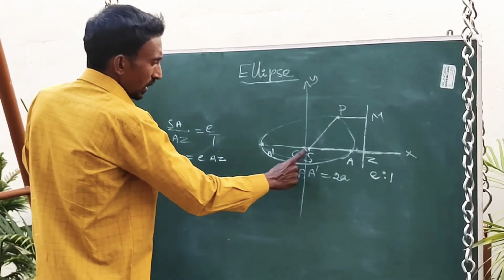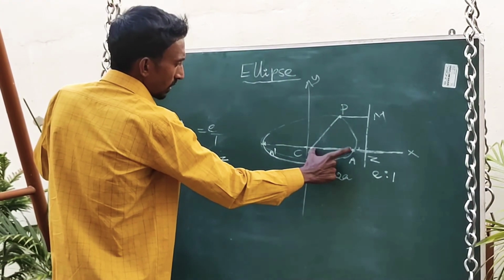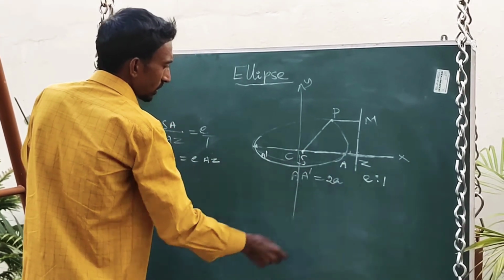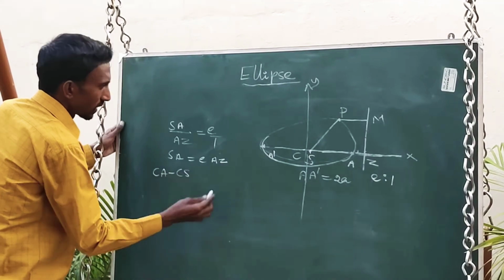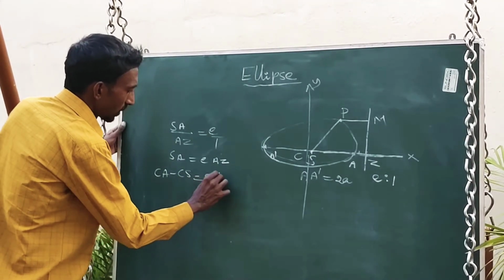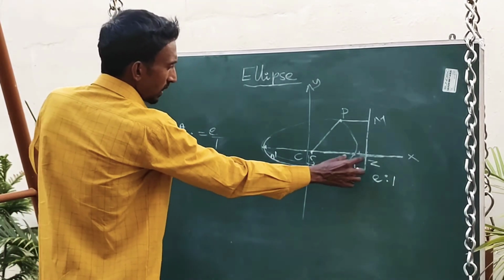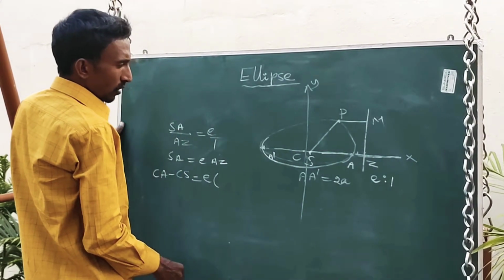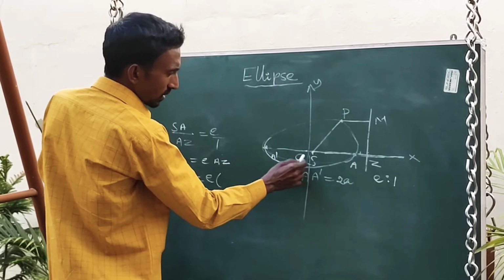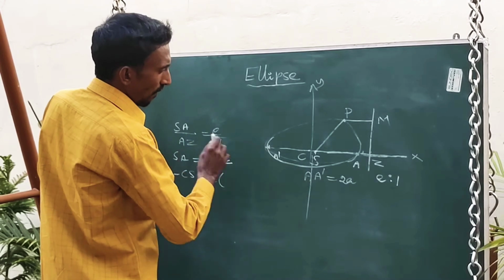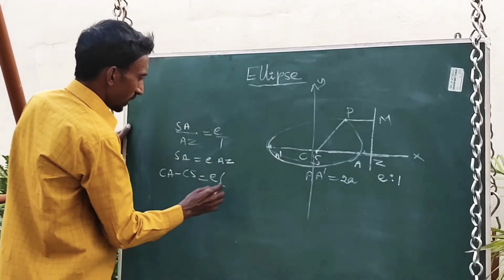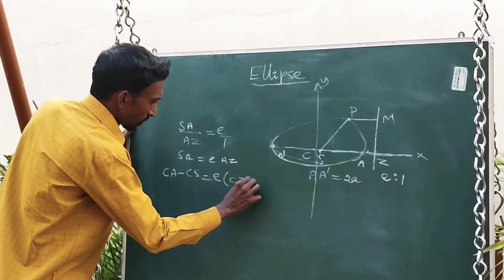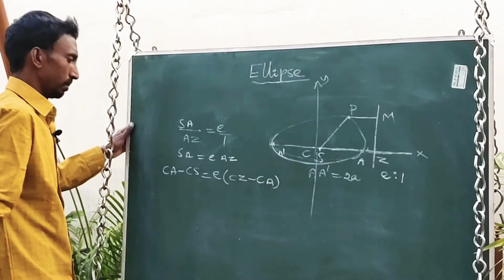How can we get SA? SA is nothing but CA minus CS. CA minus CS equals e into AZ, and AZ is CZ minus CA.